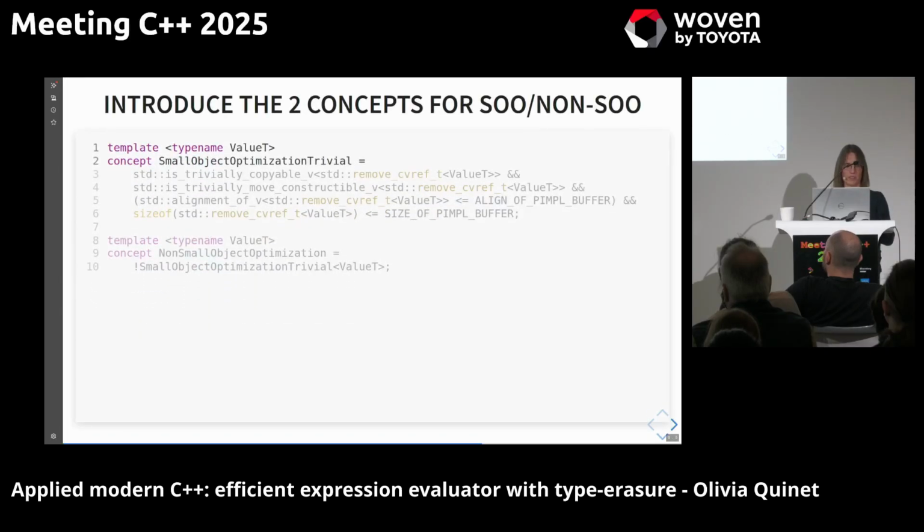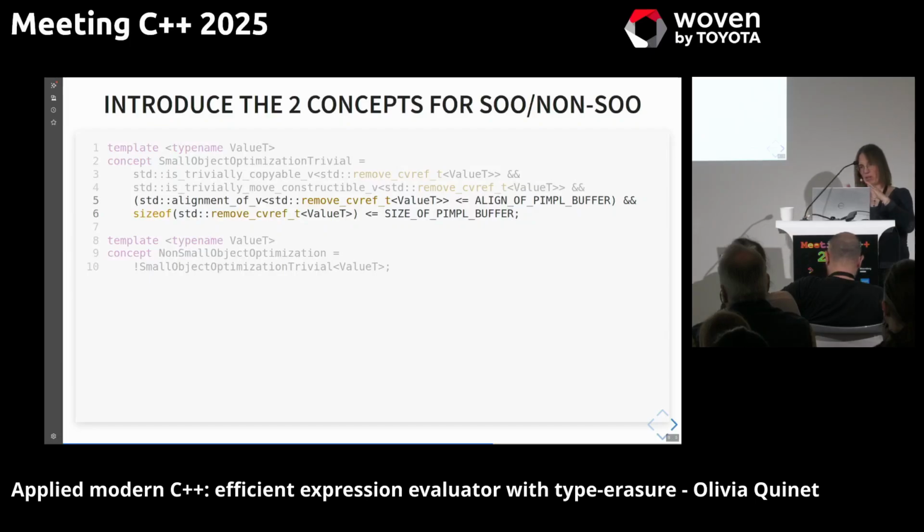So the two concepts, and I would say that's the core. The first concept is small object optimization trivial. So we want to be able to do the SOO, small object optimization, if the type is trivially copyable, is trivially move constructible, and of course if it respects some alignment for the buffer in which it will be contained.